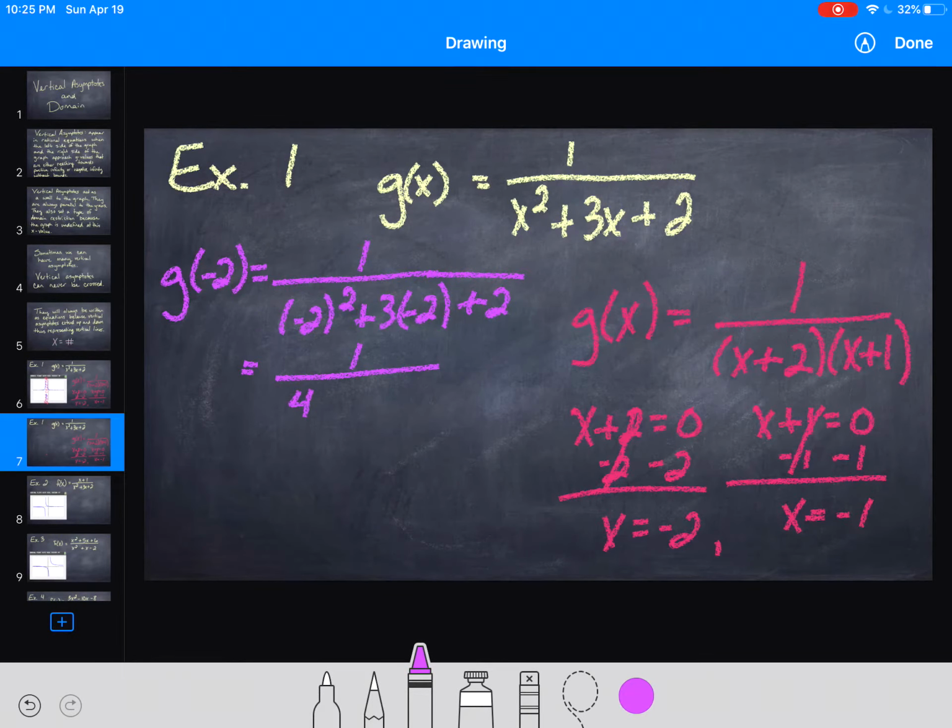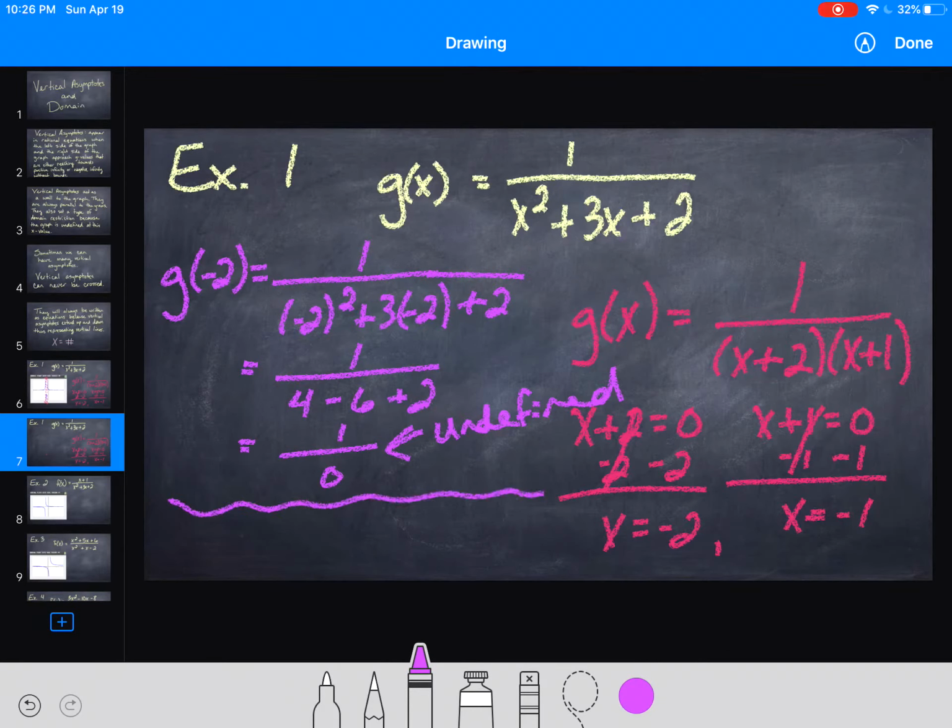If I were to simplify this, I would end up with 1 all over negative 2 squared gives me a 4. 3 times negative 2 gives me a negative 6 plus 2. I would simplify some more. I would end up with 1 all over 4 minus 6 gives me negative 2. Negative 2 plus 2 gives me 0. This is considered undefined.